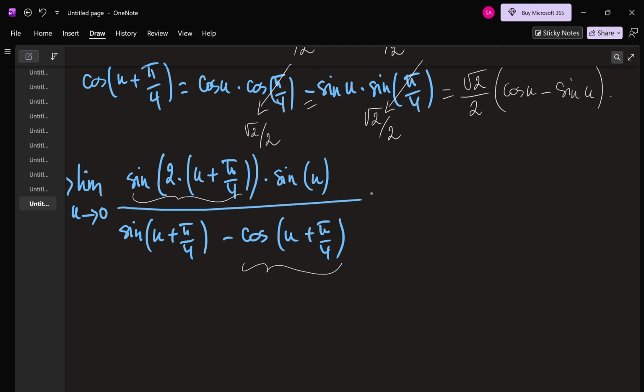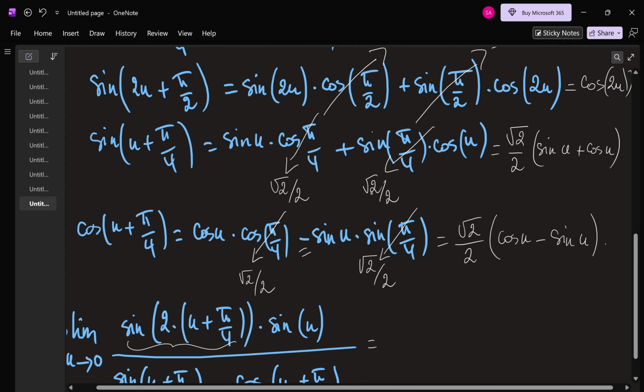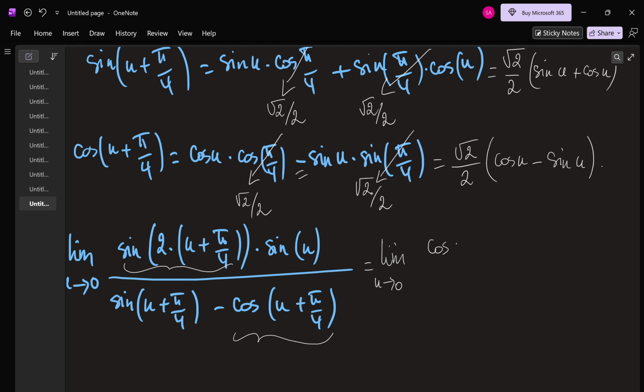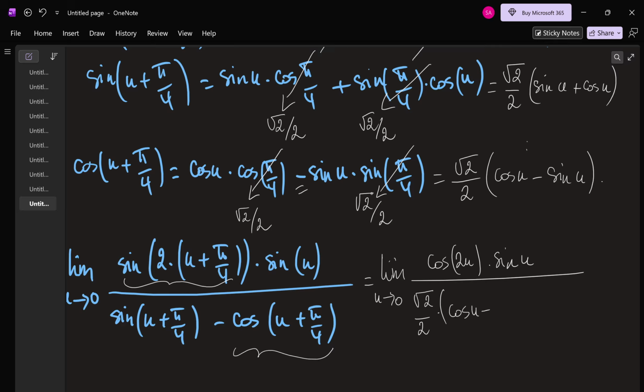So the first one is equal to cosine 2u. So here we have the limit, always when u is going to 0, of cosine 2u times sine u, all over the square root of 2 over 2 times cos u plus sine u, minus square root of 2 over 2 times cos u minus sine u.